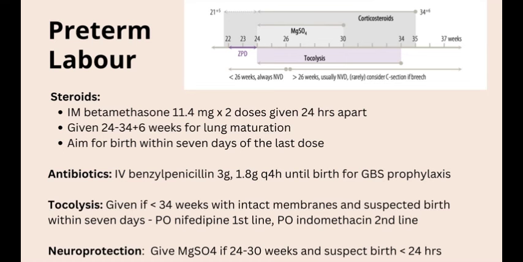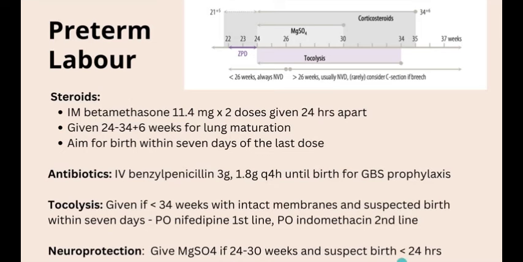So just to recap, the things you need to think about for preterm labor are steroids, with IM betamethasone being the first one that would be given, and that's between weeks 24 to 34 plus 6. Antibiotics for patients that need group B strep prophylaxis, tocolysis, most likely nifedipine, and neuroprotection, magnesium sulfate between 24 to 30 weeks.